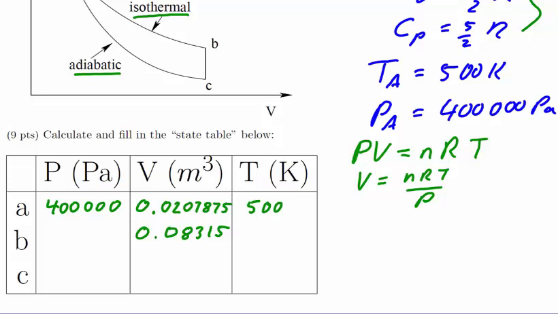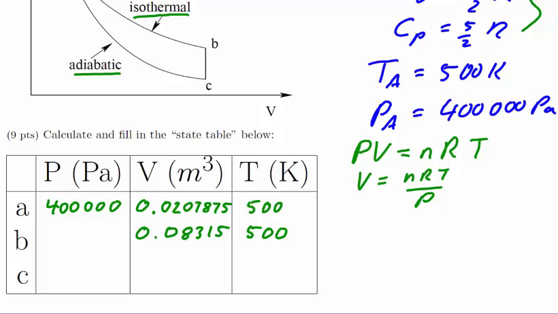In general, to solve the state table, we're going to have to use the properties of the curves that make up our PV diagram at least one time each. In this case, in attempting to find information about point B, we recognize that we know everything about point A and that A and B are connected together by an isothermal curve. Isothermal means the temperature is the same at all points, and therefore we use that to decide that the temperature at point B is 500 Kelvin.